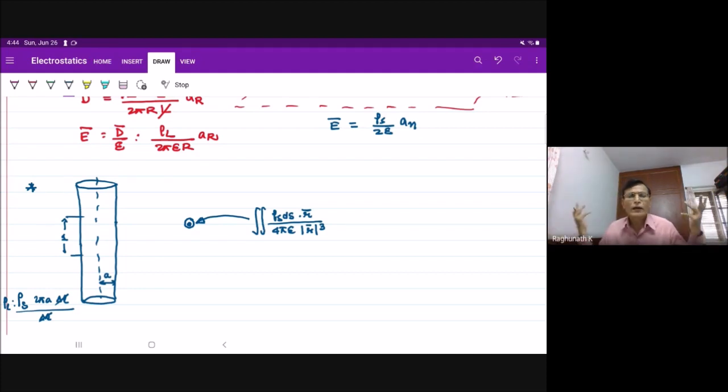Maybe ultimately you should leave it if you try to derive it, because the surface itself is a cylindrical surface. We need to get into the cylindrical coordinate system.